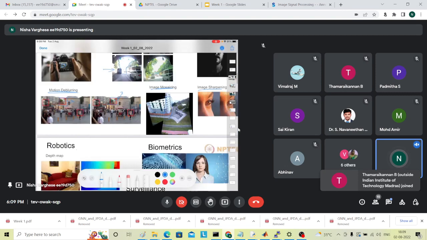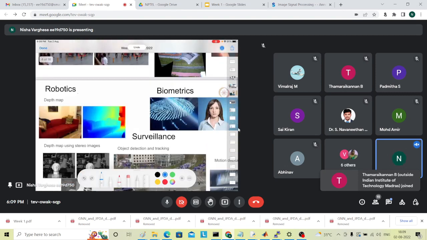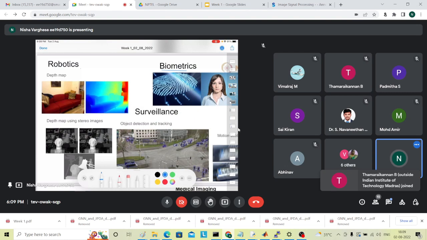Then comes biometrics. Biometrics is where people are identified from fingerprints or iris or face. So image processing is used for that application. Then comes robotics. In the case of robotics, we have a camera with us, and we'll capture some images. The main application in robotics is finding the depth map.